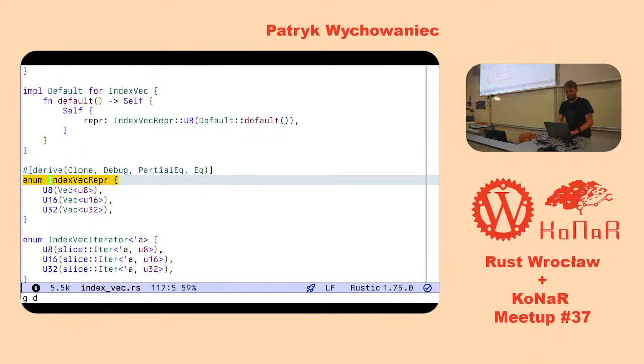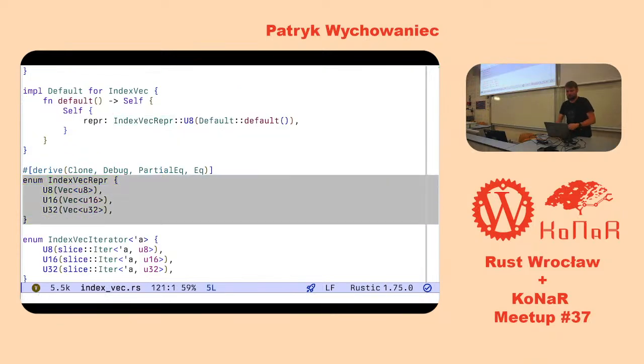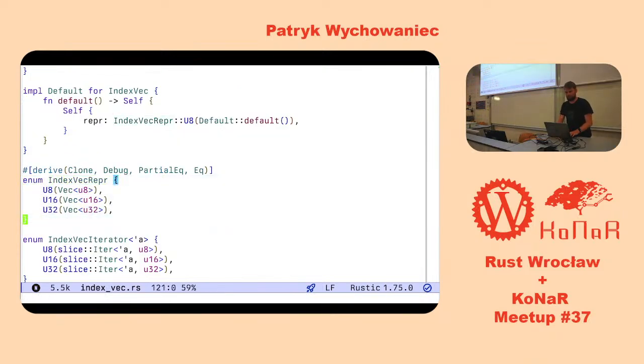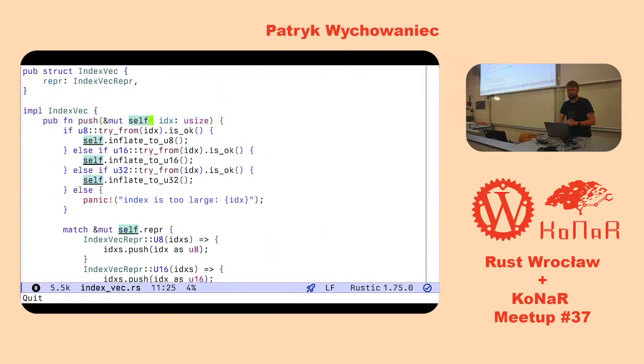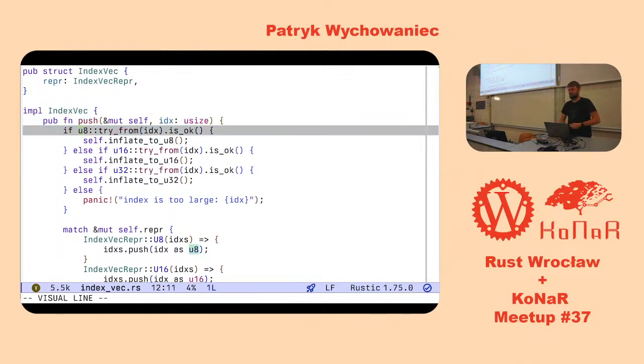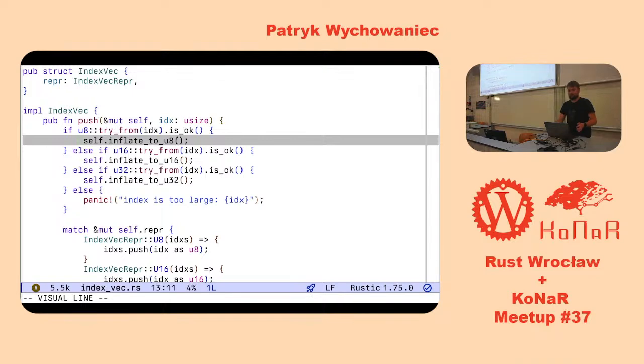So we've got, first of all, the key ingredients: this enum, which represents the combinations of the vector. And then we've got a couple of public methods such as push, which you would normally have on a vector as well. What this push does is that if it detects that the index of the price can fit within U8, then it's all right, it stays being U8.